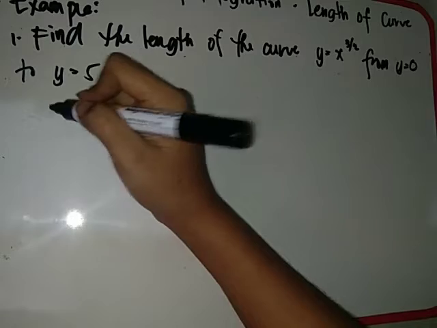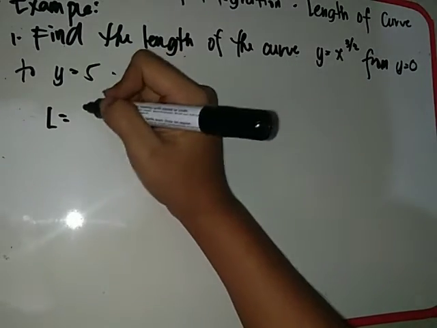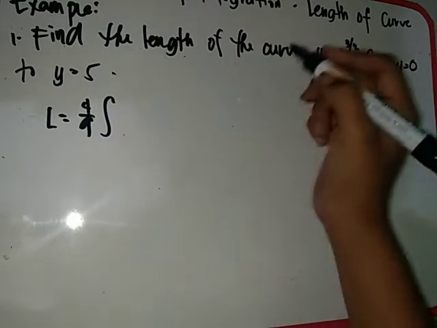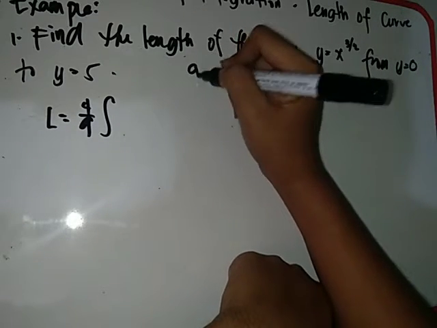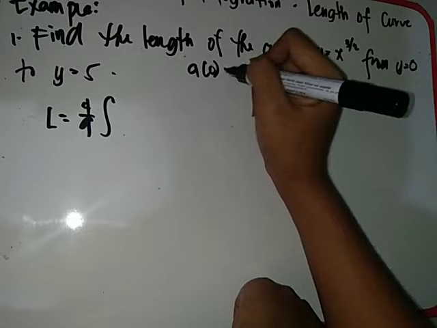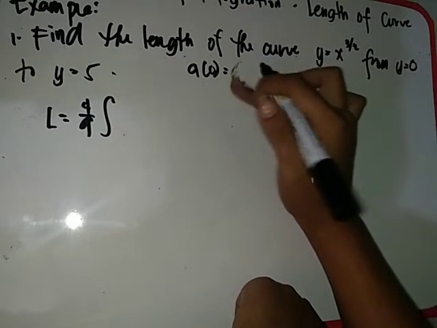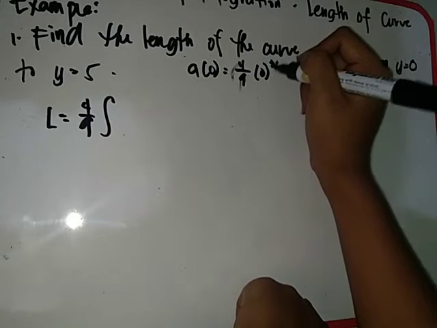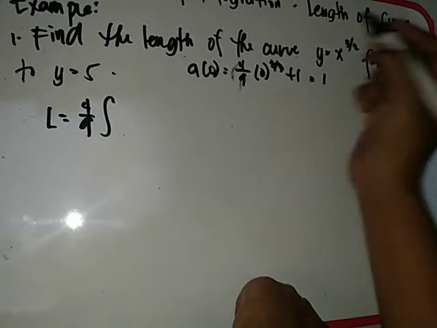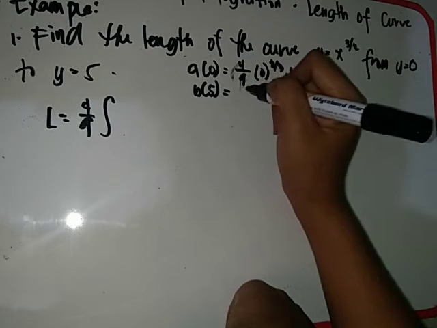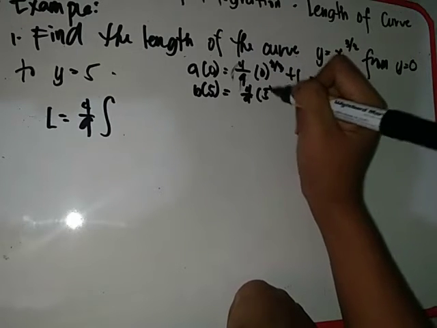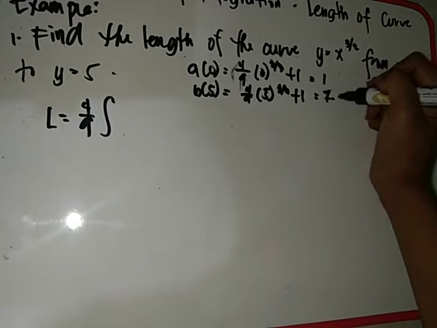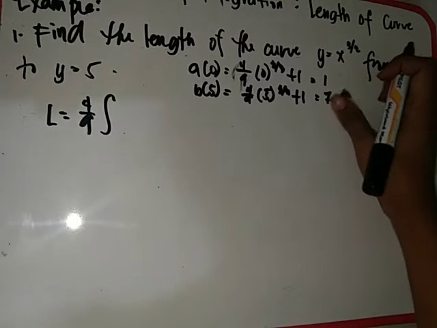So let's erase and continue again. The length is equal to 4 over 9 integration of, let's write it again, the value of a and b. 4 over 9, 0 raised to 2/3 plus 1 is equal to 1, and for b is equal to 4 over 9, 5 raised to 2/3 plus 1 is equal to 7.5790.